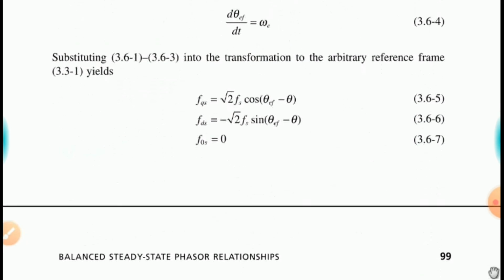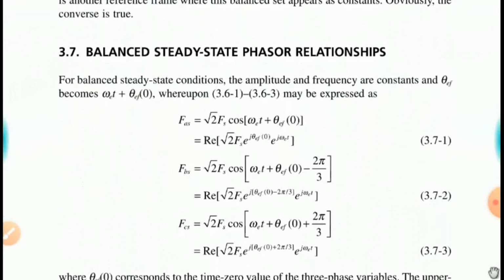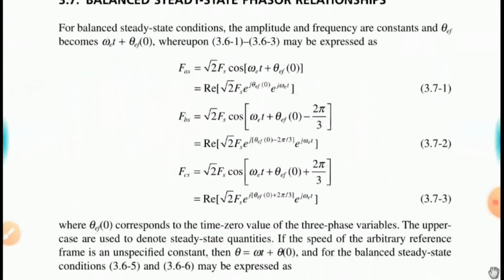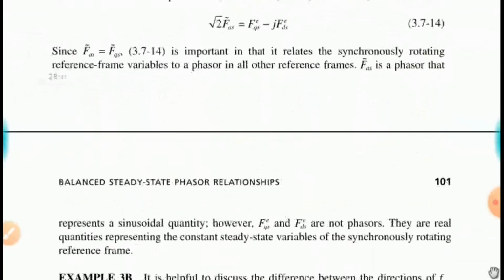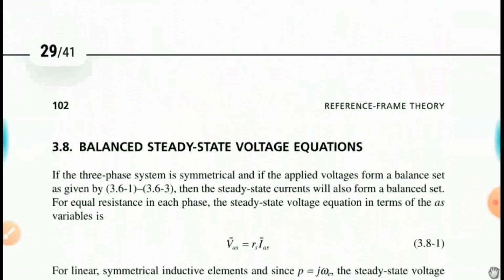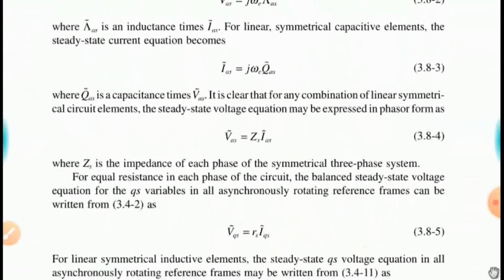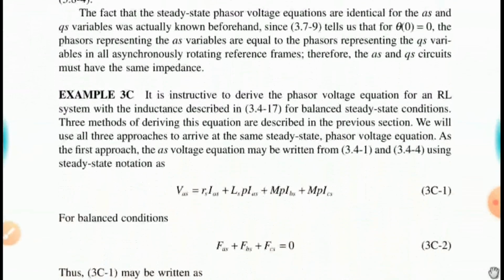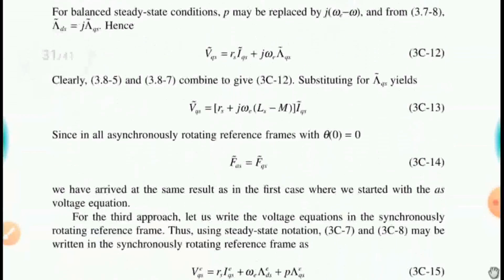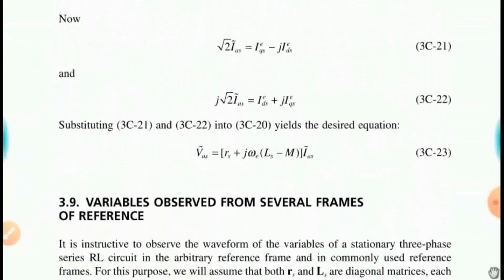Then you have to find the balanced steady state phasor relationship for the synchronous machine, and finally the balanced steady state equation. I have also discussed this case. So your assignment is to derive all these equations for steady state operation of the synchronous machine, right?